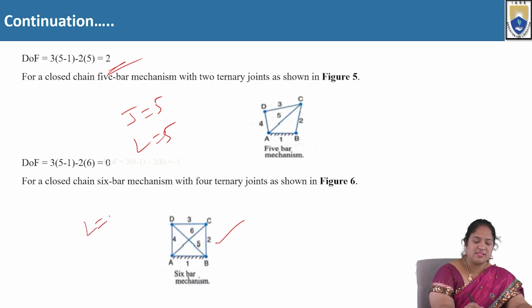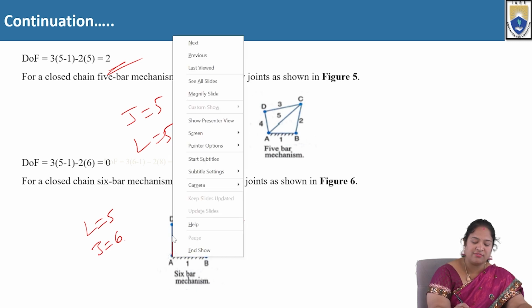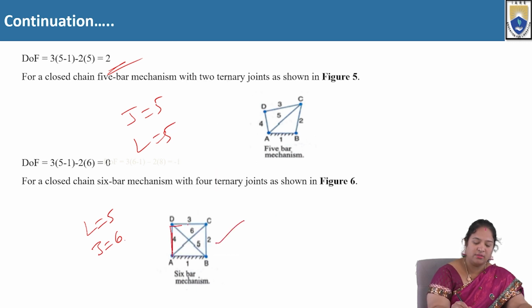The number of links is equal to 5 and the number of joints is equal to 6, because the links are 1, 2, 3, 4 and 5, and the joints are 1, 2, 3, 4, 5 and 6.